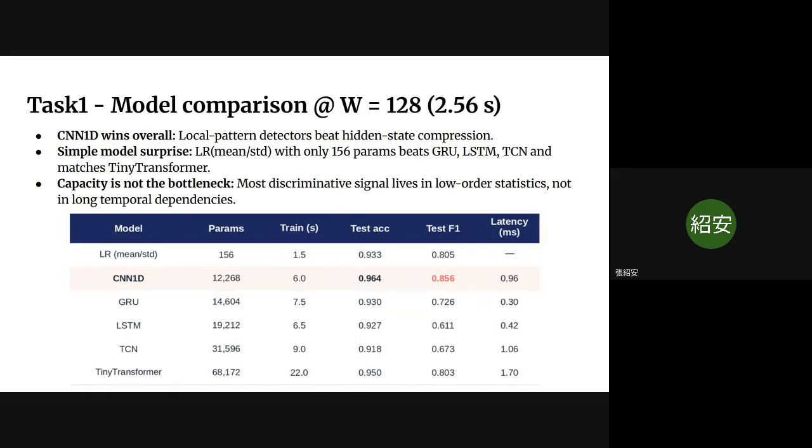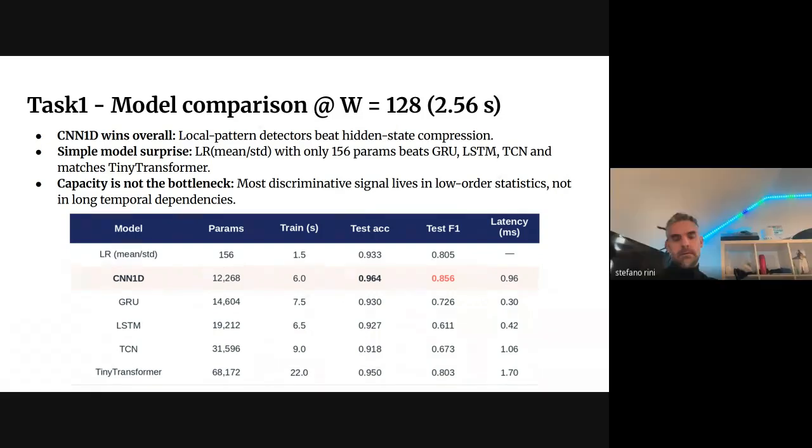The standout surprise here is logistic regression on per channel mean and standard deviation. With only 156 parameters, it achieved F1 of 0.805, beating GRU, LSTM, and TCN.